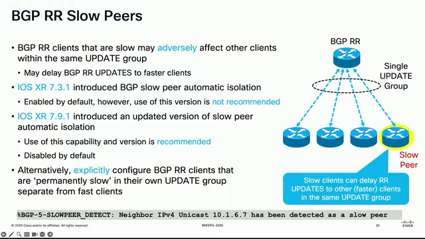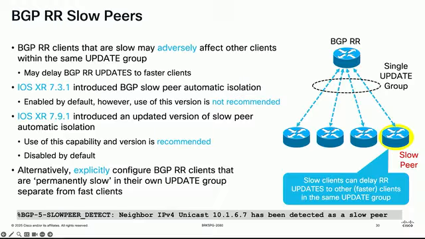Okay. So another route reflector best practice is to isolate slow peers or slow clients from faster peers or faster clients, right? And what I mean by a slow peer or a slow client is typically a legacy router that has less control plane resources than the modern routers, right?